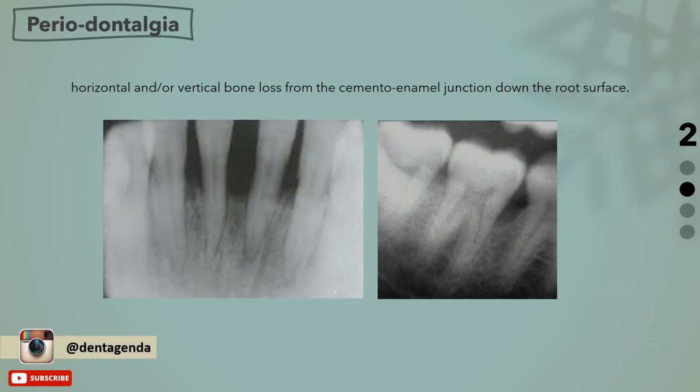In case of periodontalgia, horizontal and vertical bone loss from the cemento-enamel junction down to the root surface can be seen in the radiographs. It appears in varying forms, locations, and degrees. To learn more about that, check DENTAGENDA on Instagram.